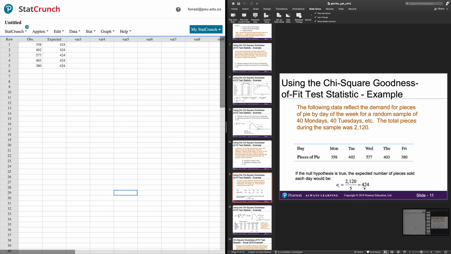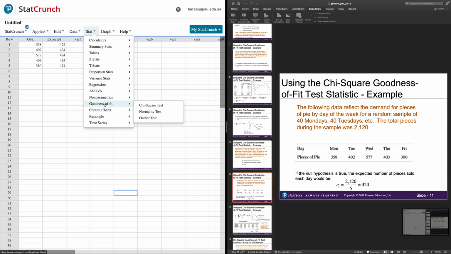So we get 424. This is what we expected, so I write 424 here. Why are they equal? Because we assume that we sell the same number of cakes from Monday to Friday, equally likely, uniformly distributed.